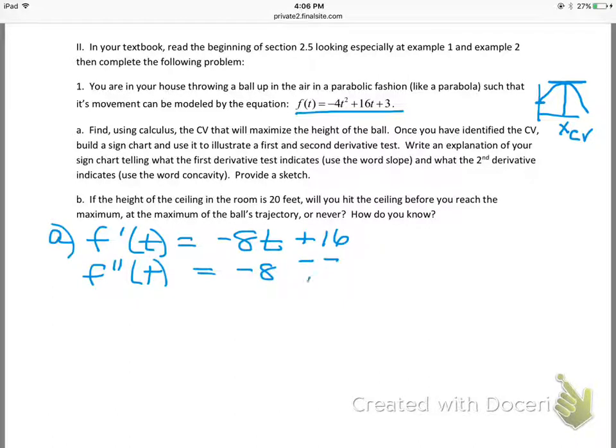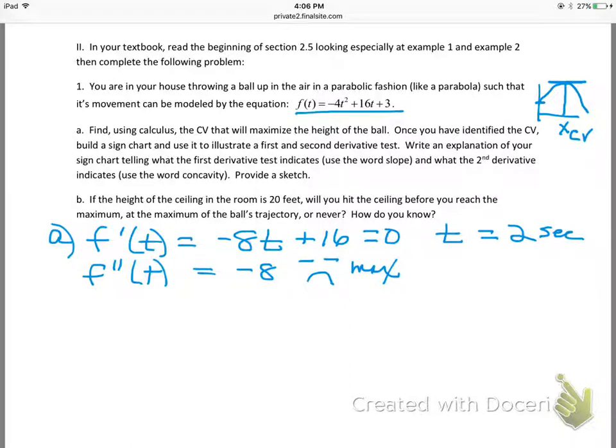And what that tells me, it affirms that I have a downward facing parabola, which means it's always concave down, and therefore that denotes a max critical value. Okay, set your first derivative equal to 0, and I find that at time equals 2 seconds, because they gave me time, I'm going to give them back time at this point. So at 2 seconds, the ball's at the highest point.